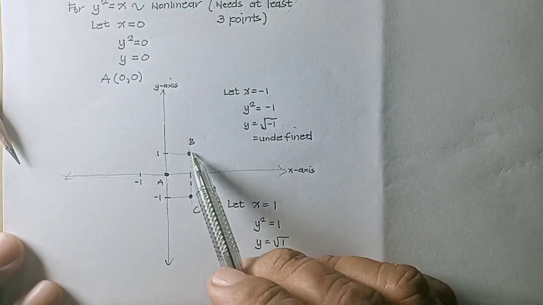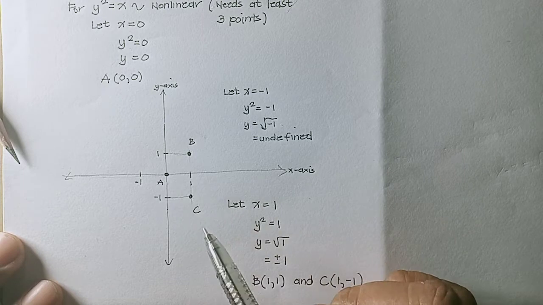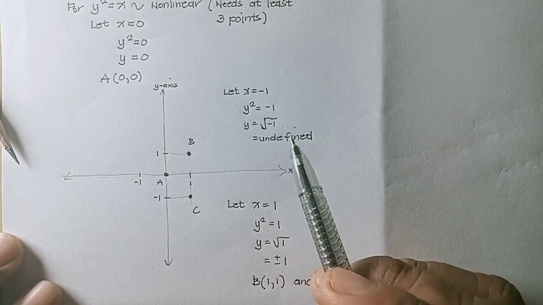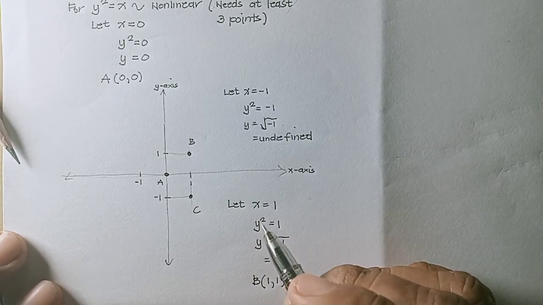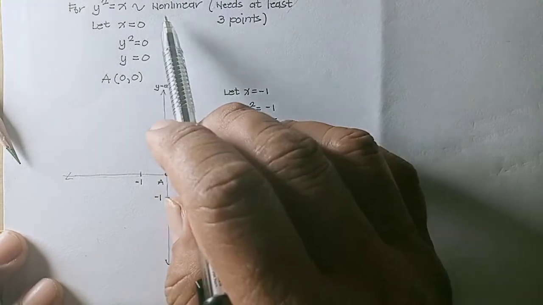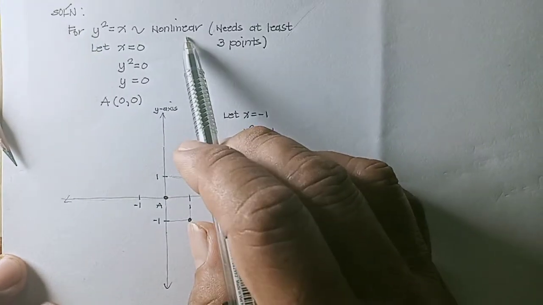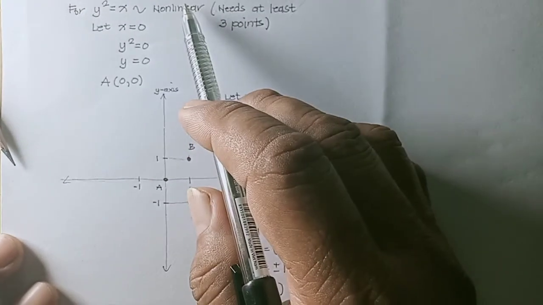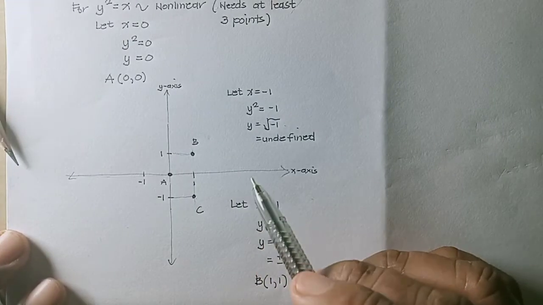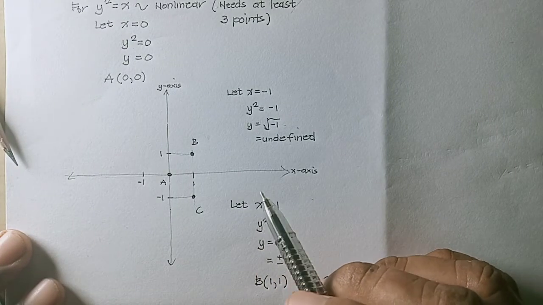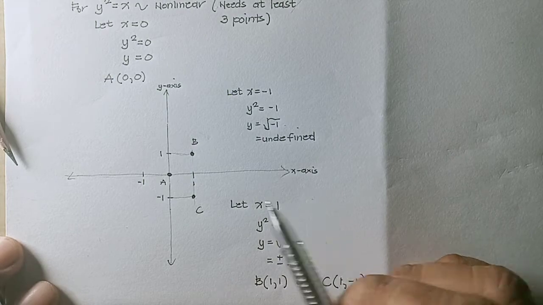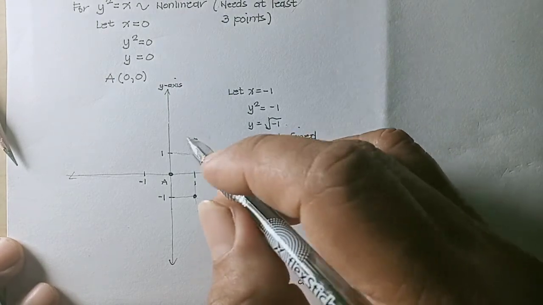Now we actually have 3 points, and we can now have a rough estimate of the graph of this function. Now this is nonlinear. It is not a straight line; the graph, or any part of the graph of the function, is not a line but a curve.